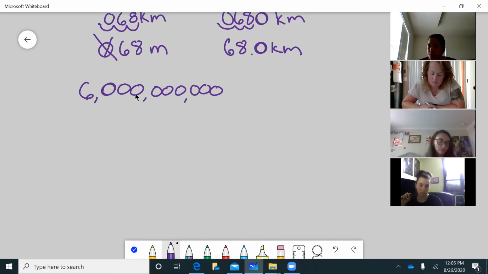So the only number here that's significant is the 6. Zeros that come after your main number but are lying before an inferred decimal, meaning the decimal isn't written in, are not significant. They're considered ambiguous. So I don't know if those zeros are significant or not. I don't know. So I would have to go with 1 sig fig here.